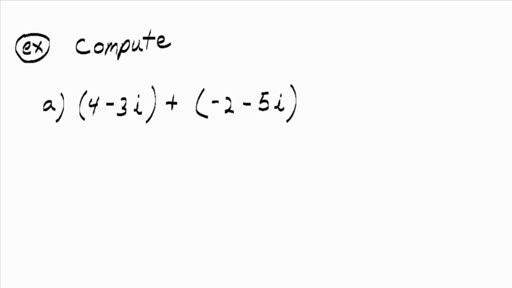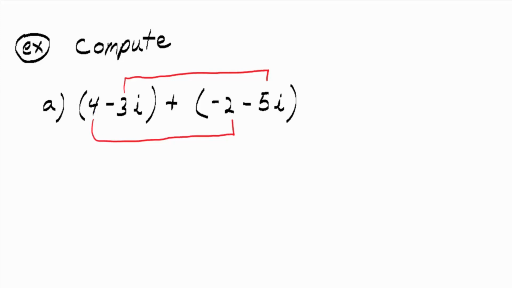You would want to add probably the real parts and the imaginary parts, just like terms, thinking of the real parts as like terms, constants, and the imaginary parts as like terms. Even though don't think of i like x, because i is an actual specific number, whereas x usually represents a variable.